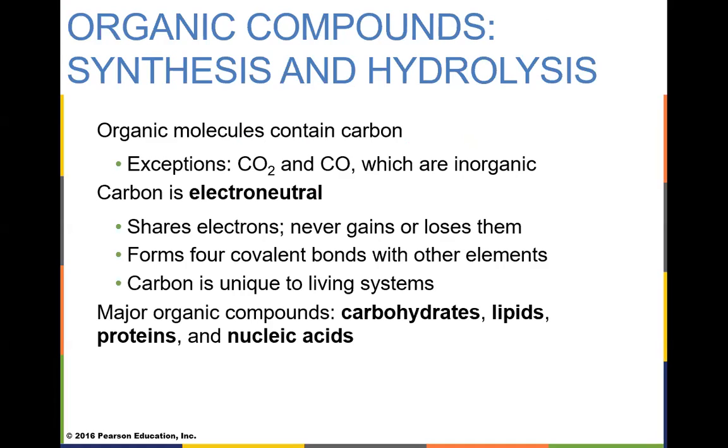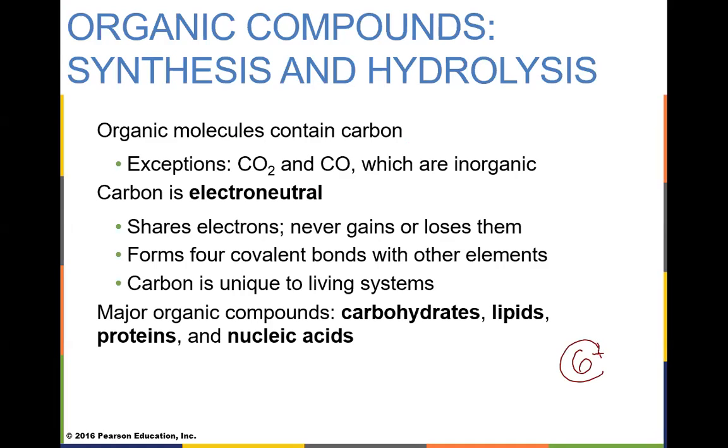Carbon, in organic chemistry, will share its electrons. It will never gain any additional electrons. It will never lose its electrons. Remember that a carbon atom will look like this. Here's your carbon atom. It has an atomic number of 6.